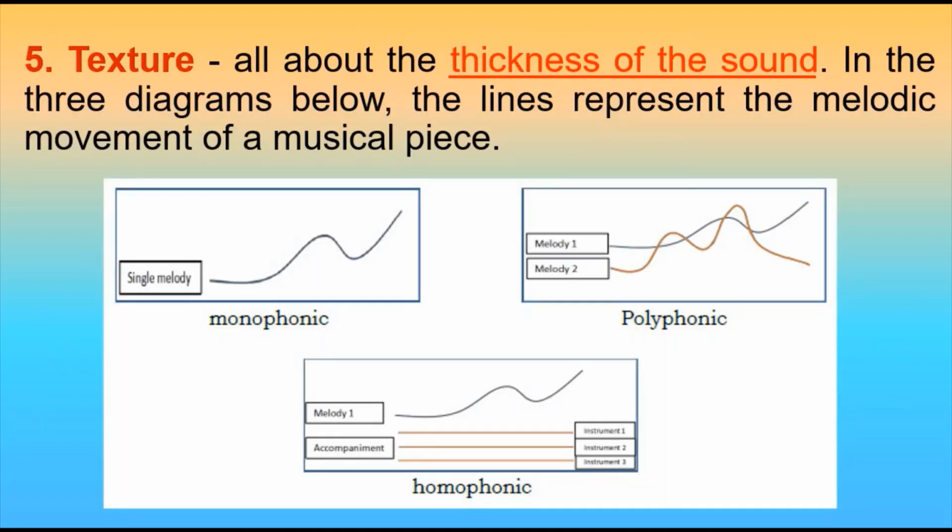Number 5, texture. It is all about the thickness of the sound. In the three diagrams below, the lines represent the melodic movement of a musical piece. The monophonic, the polyphonic, and the homophonic.